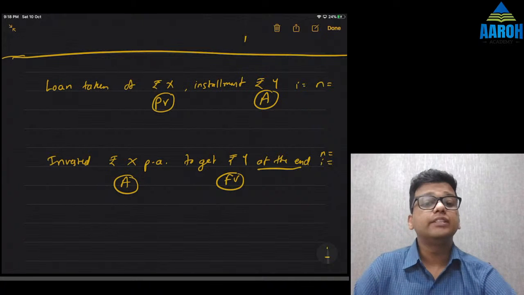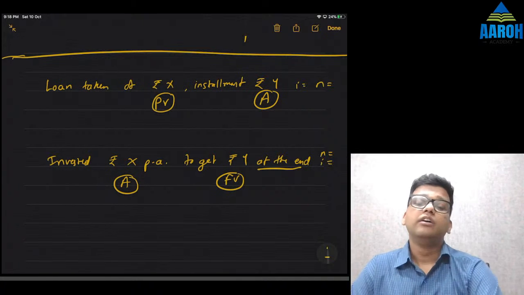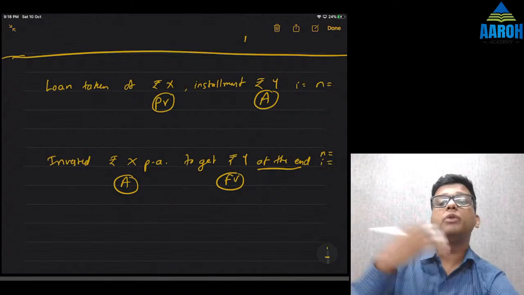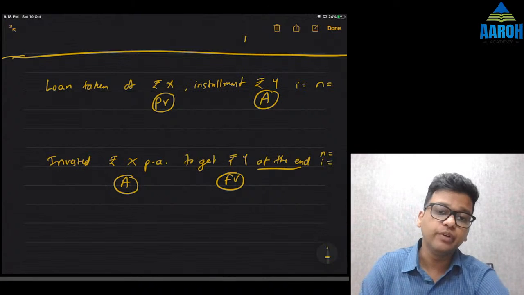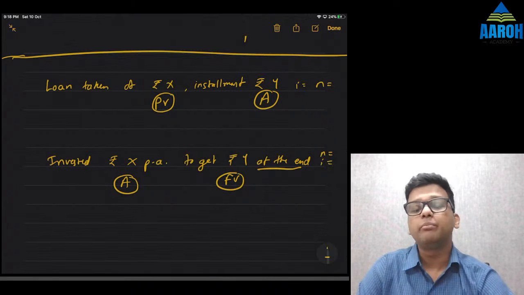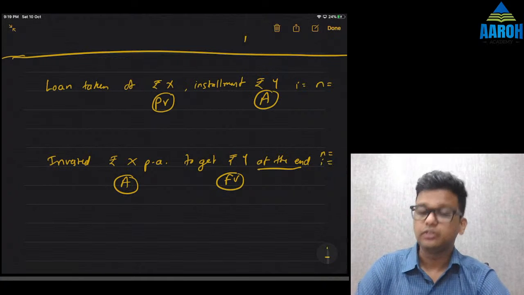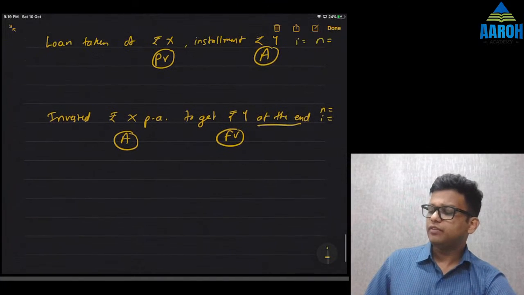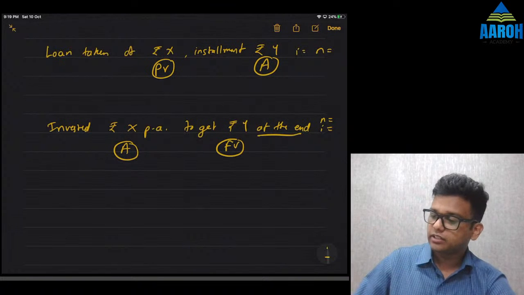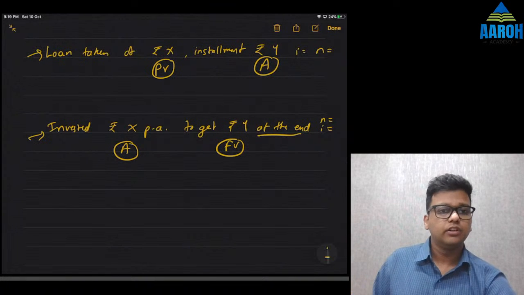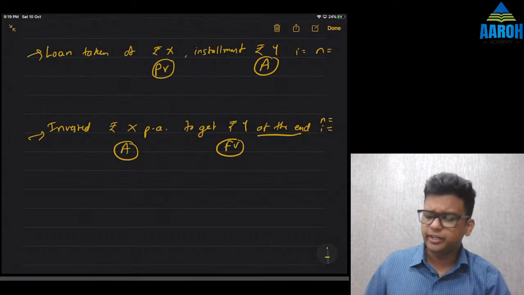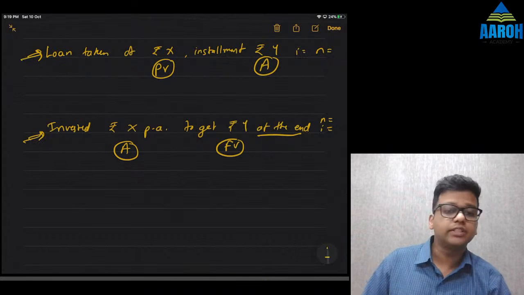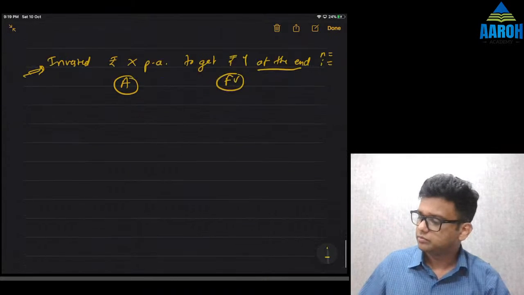Okay, always try to understand whether we want today's amount or the amount at the end. That should be helpful when you are deciding whether we have to calculate PV or FV. Let's take two questions on this, two questions on this. Concentrate carefully, then we can go to annuity due.